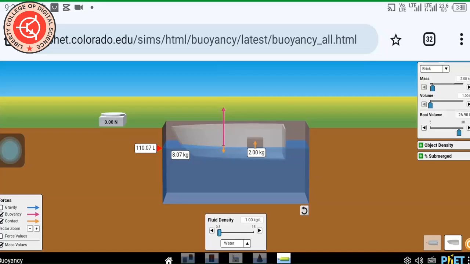They would have loaded them first, they will now put them inside the ship, and the ship will still float on the surface of the water and bring them from country to country. It's because we are able to precisely determine the buoyant force and design the ship together with the expected load that is to be carried by the ship.